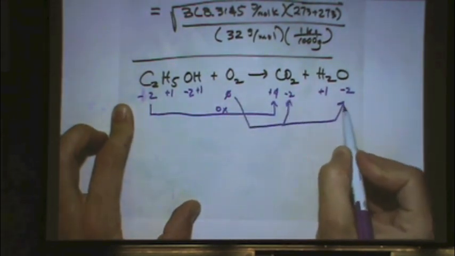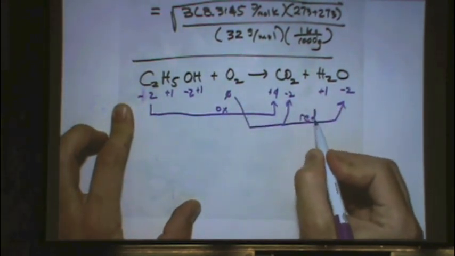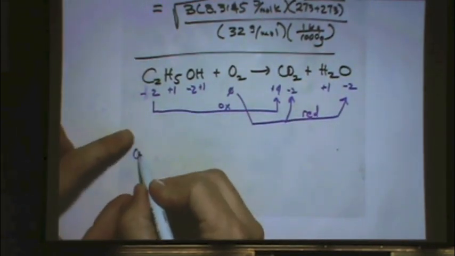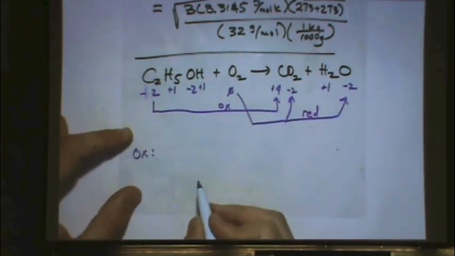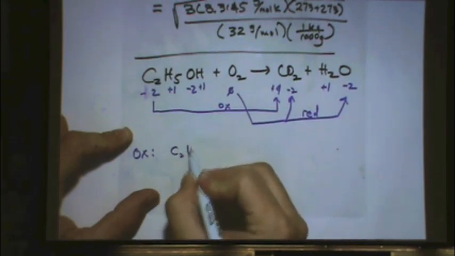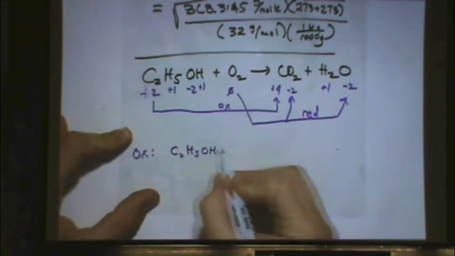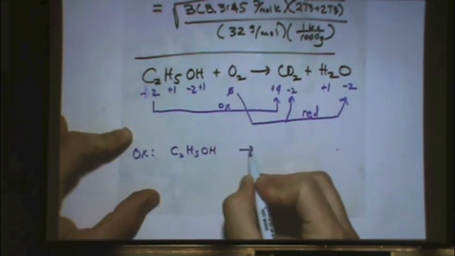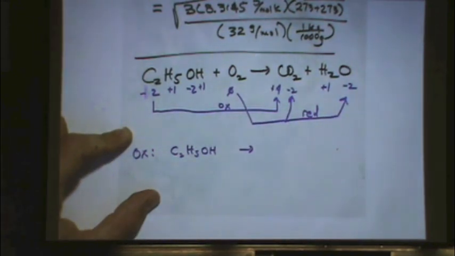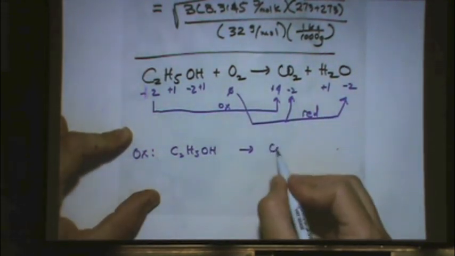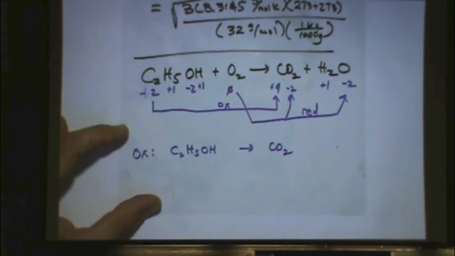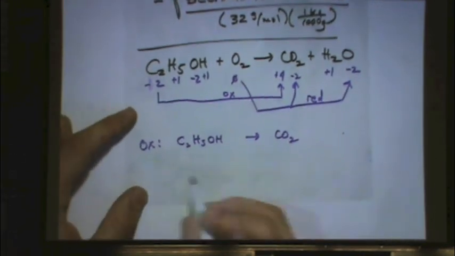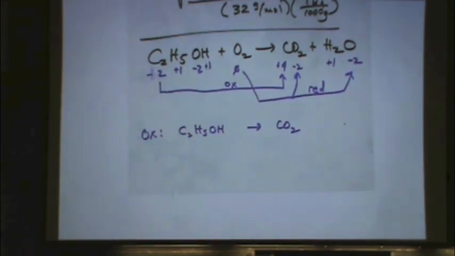Either way you look at it. So our oxidation half reaction goes to what? What should I write in the product? Okay, CO2, anything else? Nope, that's it. The reduction, I'll put on the next page.